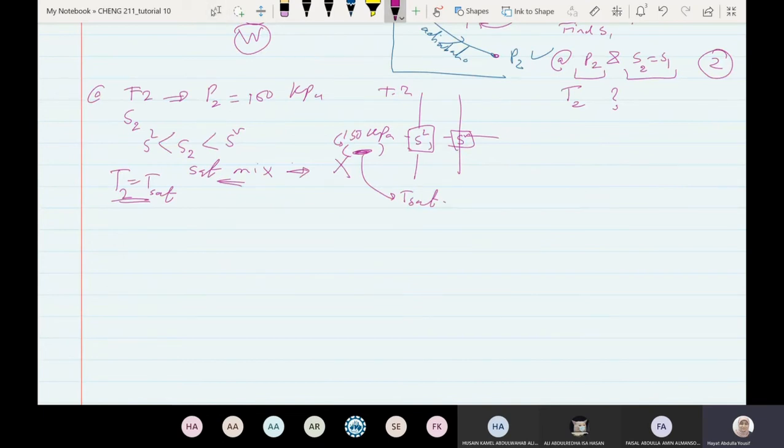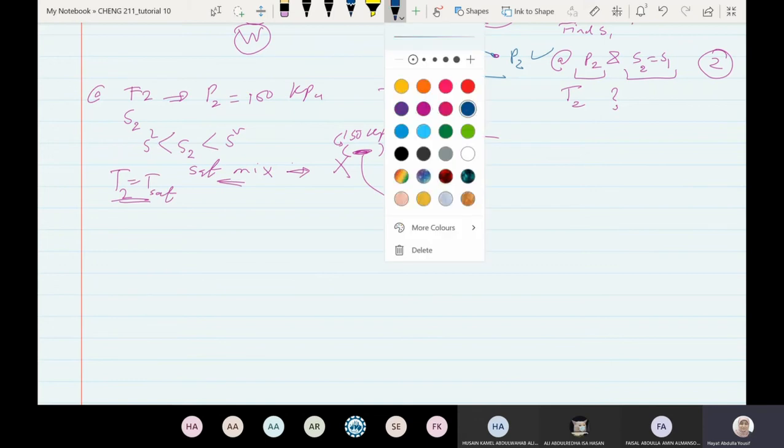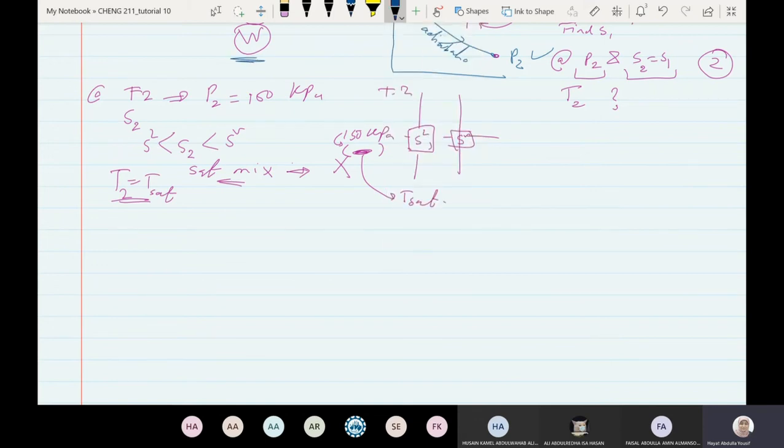But to know what property I need, let me go back to the question and see what they need. They need W. And from part A, we said to find W, we have to substitute in the first law of thermodynamics. It's a closed system according to the question, and it's adiabatic, so Q is equal to 0. In other words, to find W without calculating delta U, I won't be able to solve.